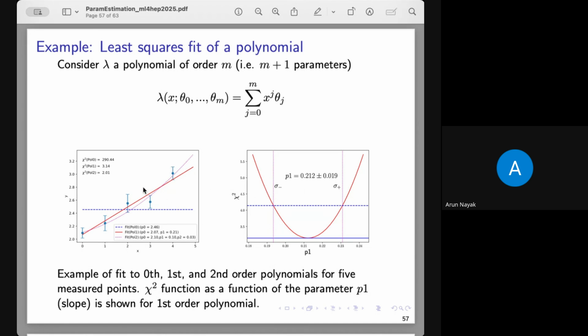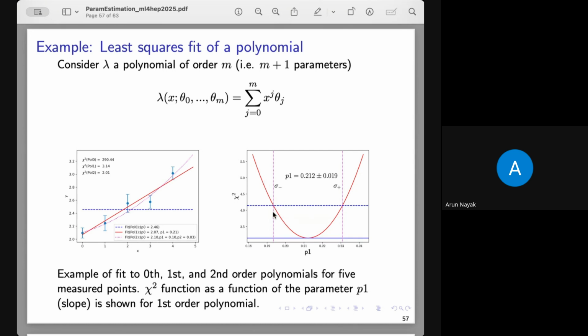And then for the first order polynomial, which is the straight line, I also make a plot of chi-square over the parameter slope, keeping the other parameter at its fitted value. Then you can see the chi-square curve as a function of this parameter, and it is nicely a parabola.